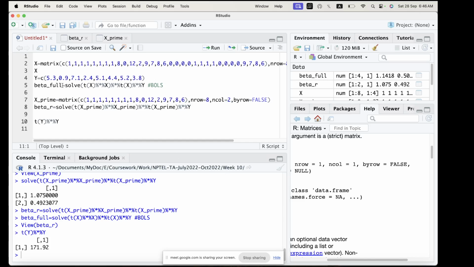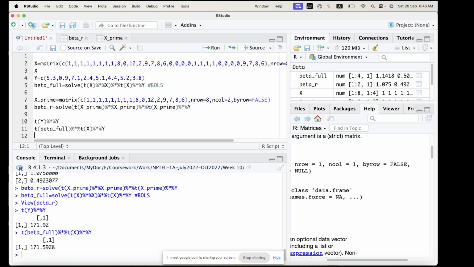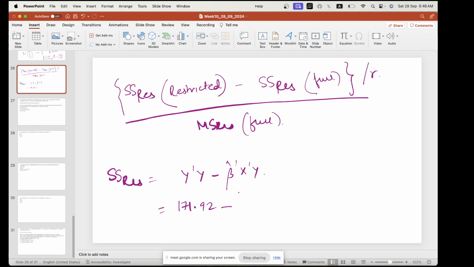So that would be beta full transpose into x transpose into y. So that is 171.5928. Okay. This is for full.